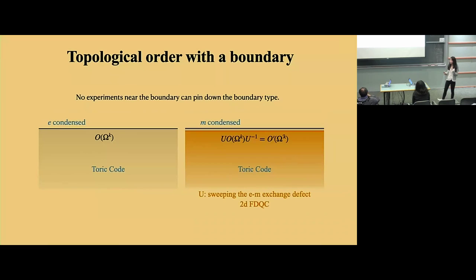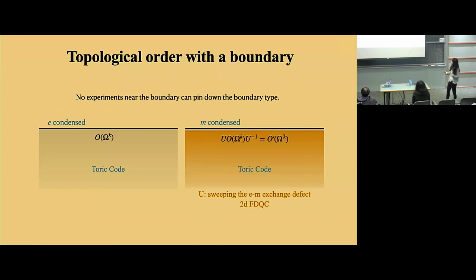Basically, if you only allow to use operators near the boundary, you can never tell whether you are in an e-condensed boundary or m-condensed boundary, because if you use any operator of dimension K, supported near the boundary, to do some experiments and read out the expectation value, then you can use this 2D finite depth circuit to get a corresponding operator, which is also K dimensional and near the boundary.